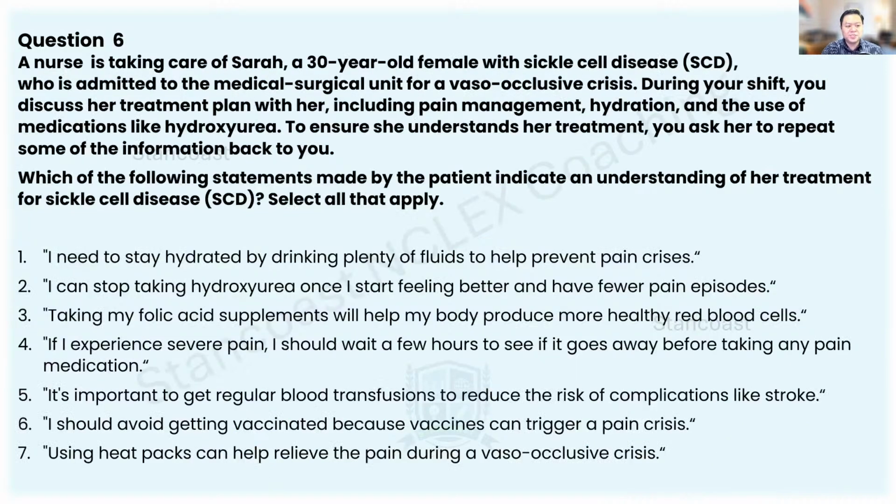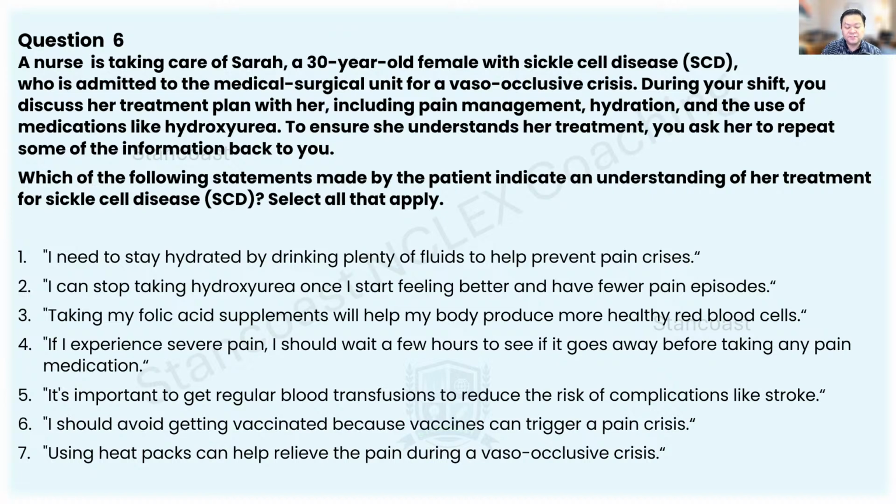What about number 6? Let's take a look into this situation. So the question states, or the scenario, a nurse is taking care of Sarah, a 30-year-old female with sickle cell disease who is admitted to the medical surgical unit for a vaso-occlusive crisis.